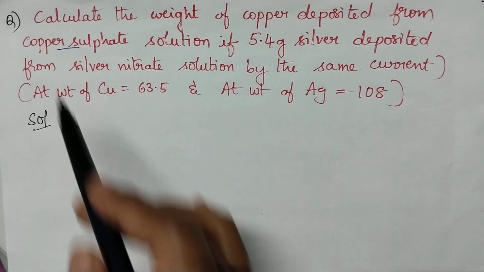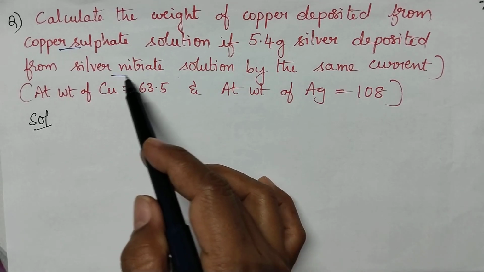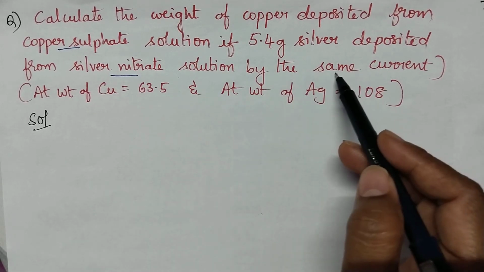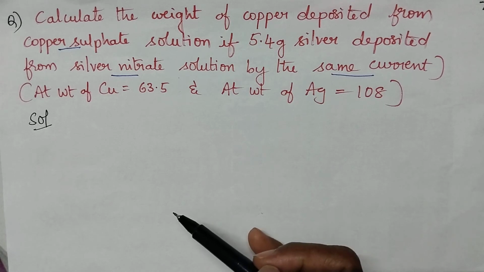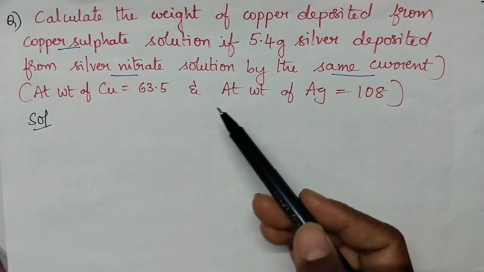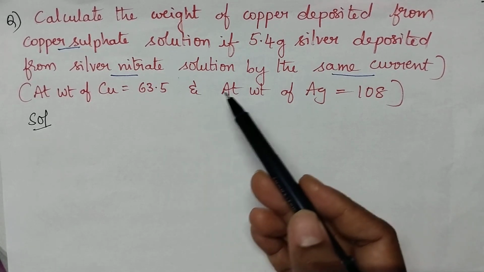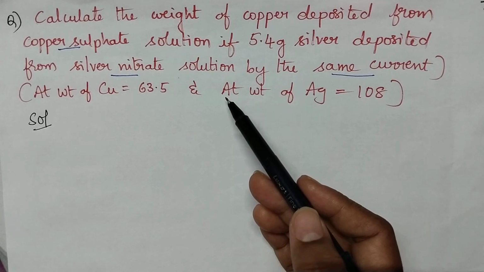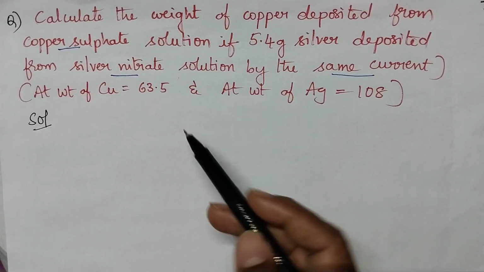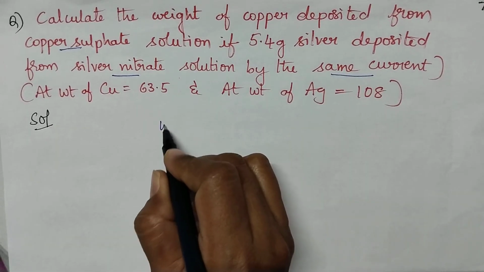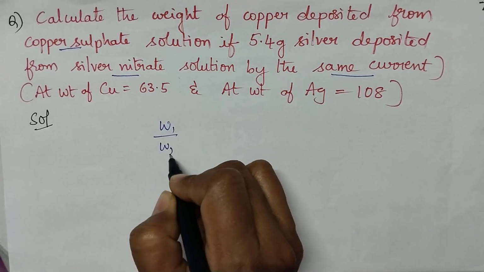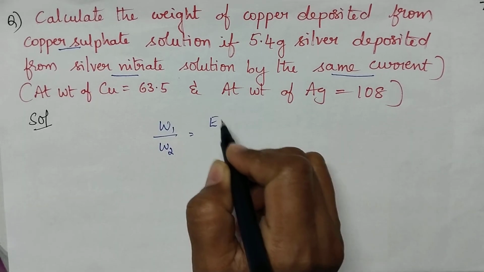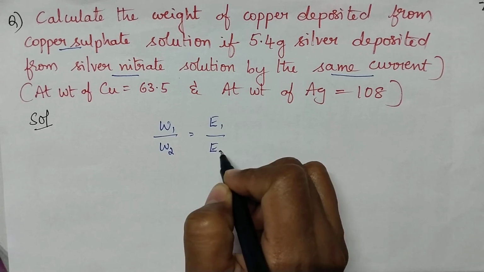One is copper sulfate solution and the other one is silver nitrate solution, and the same quantity of current is passed. That means it is Faraday's second law. So totally this problem is based on Faraday's second law. So there we have to use the expression W1 by W2 is equal to E1 by E2.